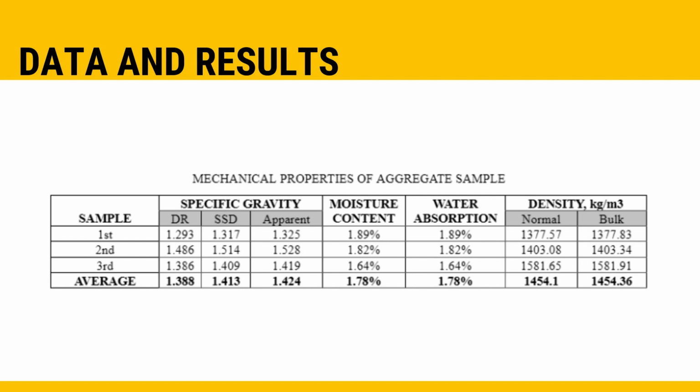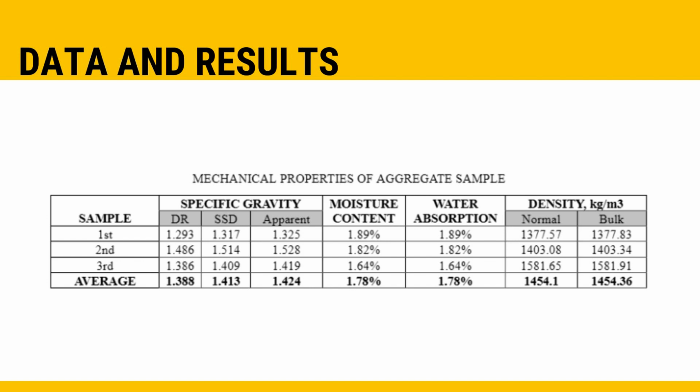The volume of the pores is accounted for by the apparent specific gravity, which is 1.424 kg. So the results presented show that the overall sample has a moderate to high porosity. These findings reveal that the aggregate sample is rather relatively dry and has a low to moderate water absorption capacity.